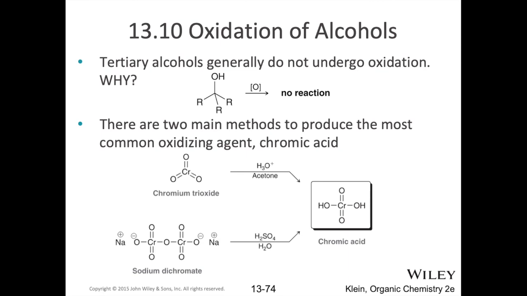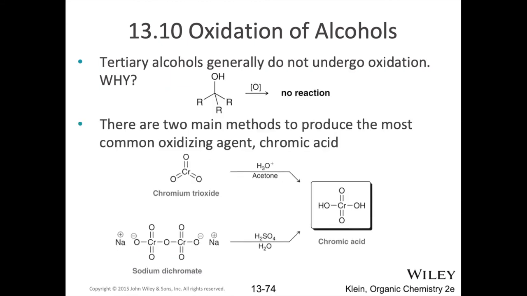So what kind of oxidizing agents can we use? Well, a common one you'll come across is chromic acid, and there are multiple ways to make it. You could start off with chromium 6 oxide, sometimes called chromium trioxide, or you could use sodium dichromate, and in both cases you can convert those into chromic acid relatively easily.